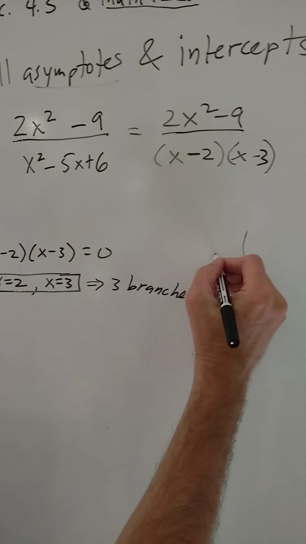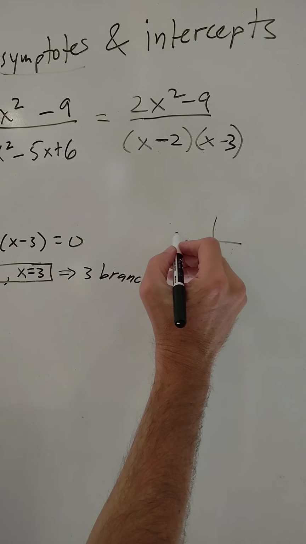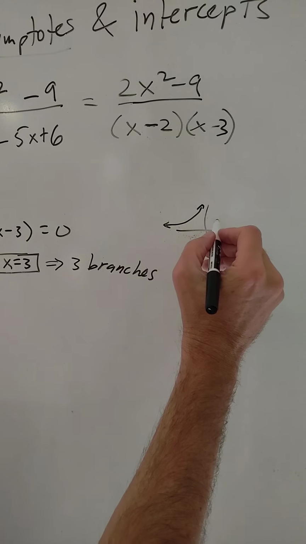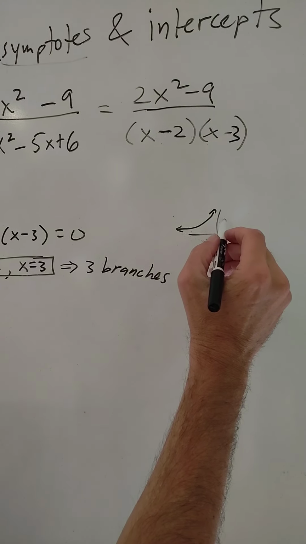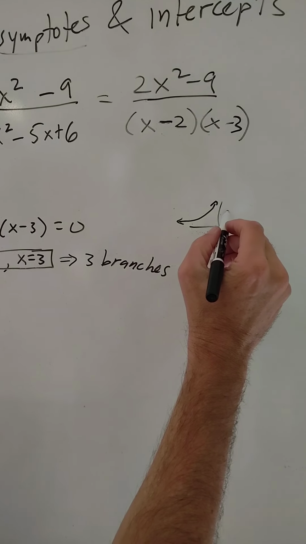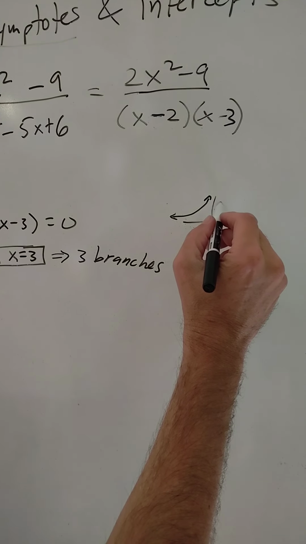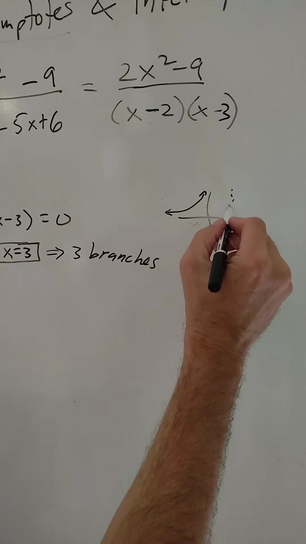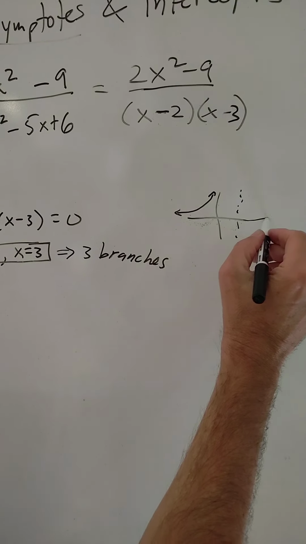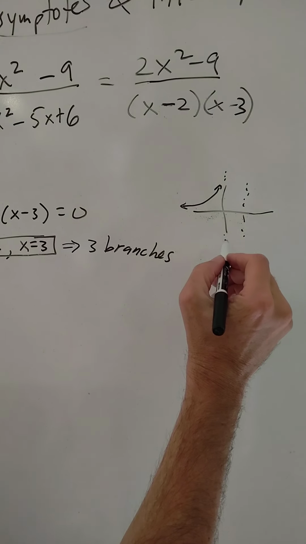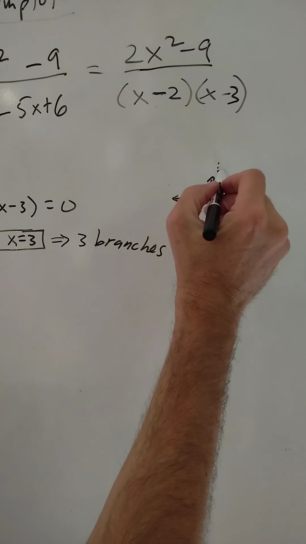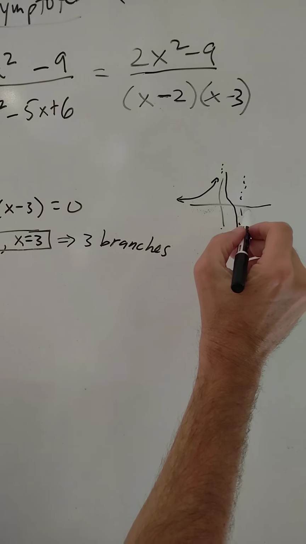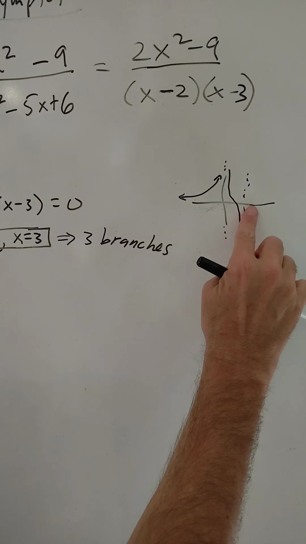So by branches, I'm just going to make something up here. This would be considered a branch. And then maybe we would have something like, let me think for a second. Maybe, so we have 2 vertical asymptotes here. I'm just making something up. Maybe this would be a branch, and then maybe another.